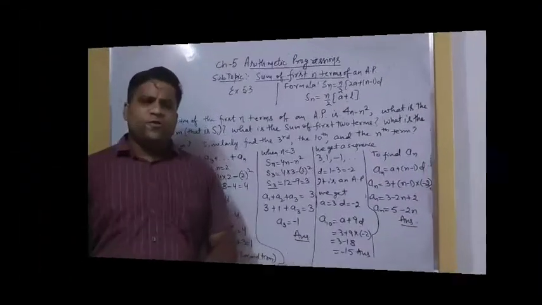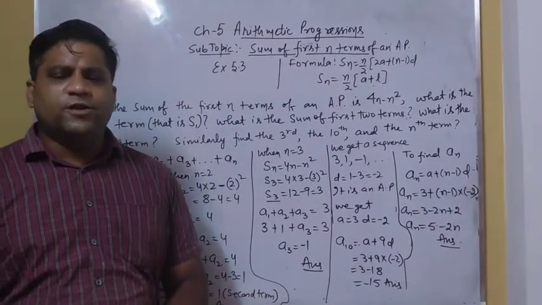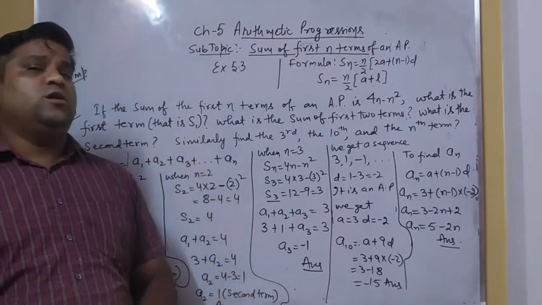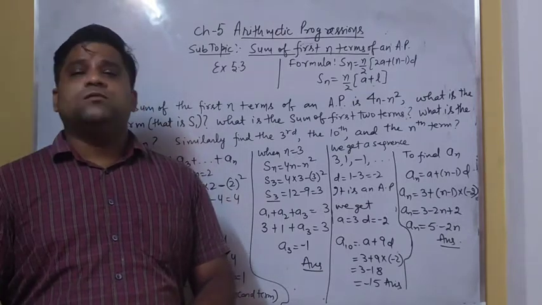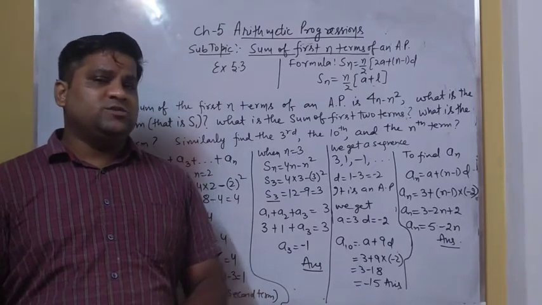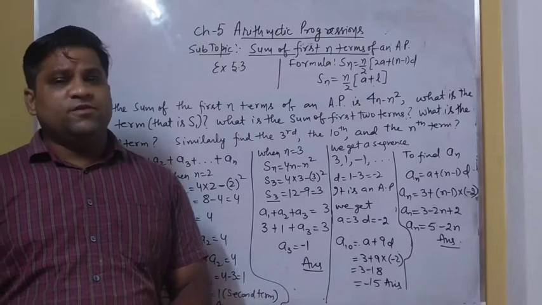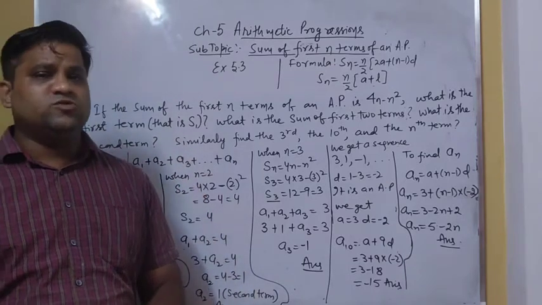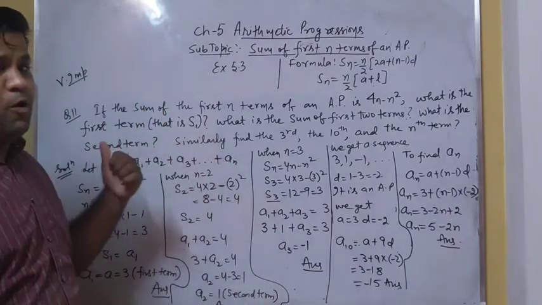In the last video lecture, we started Exercise 5.3, which was based on the sum of the first n terms of an AP. Now let us come again to Exercise 5.3, question number 11, which is also based on the concept of the sum of the first n terms of an AP. It's an important question.